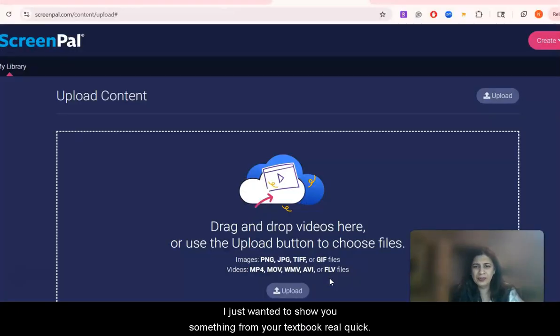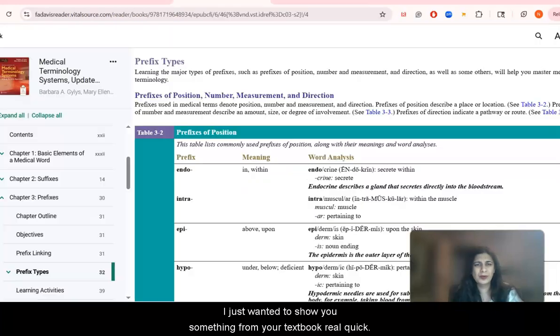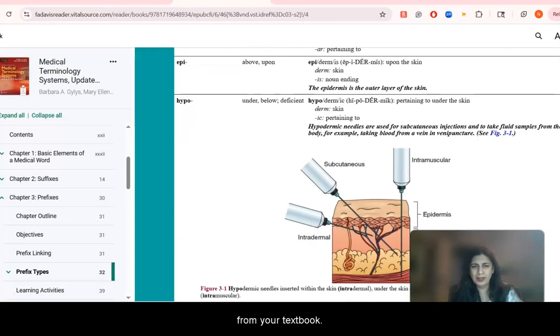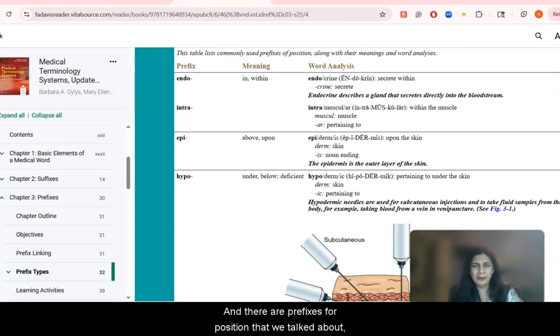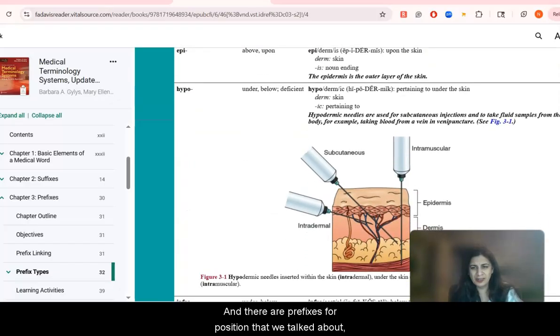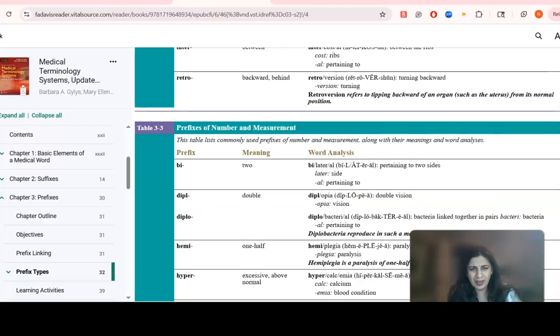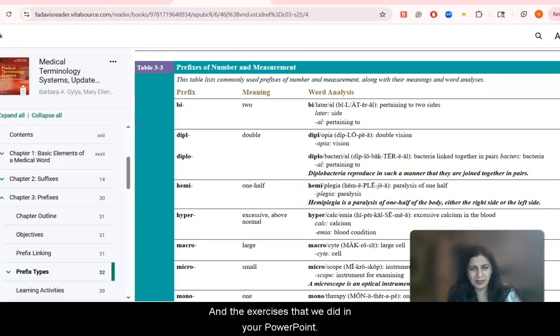Let's see. I just wanted to show you something from your textbook real quick. If you look at your textbook, there are some very interesting tables, and some of the pictures that I took are from your textbook. There are prefixes for position that we talked about, and a whole lot of prefixes here, and the exercises that we did in your PowerPoint.